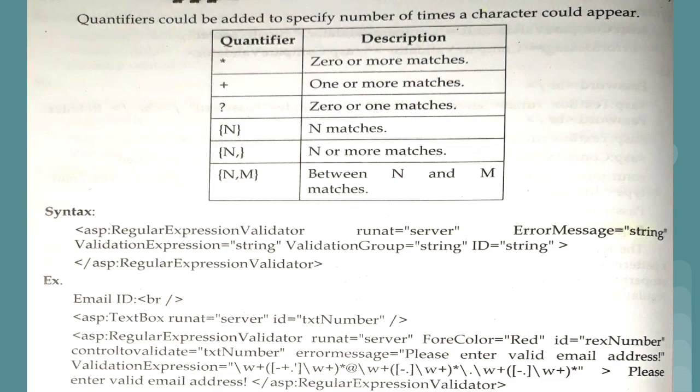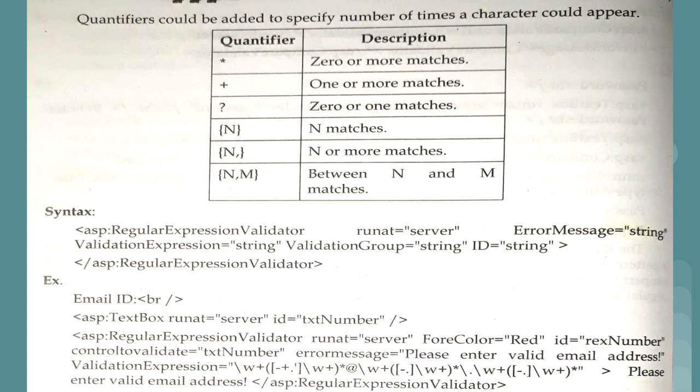There are different operators also, like star, plus, question mark, and within a curly bracket n. Just see the example, txtnumber. We have to enter the email id, and for that they have taken a text box whose id is set to txtnumber. So the control to validate is txtnumber.